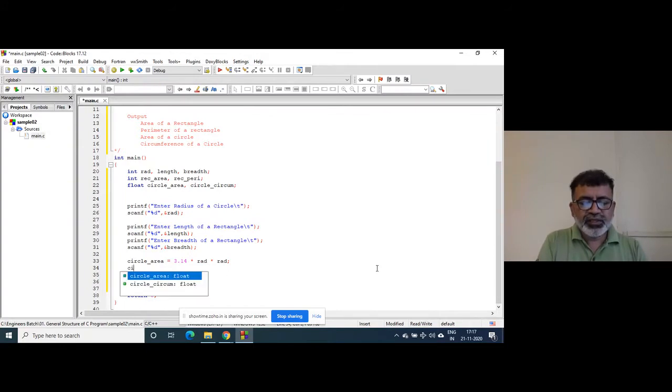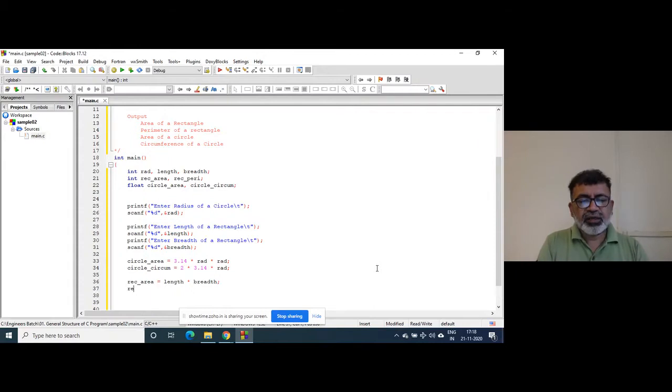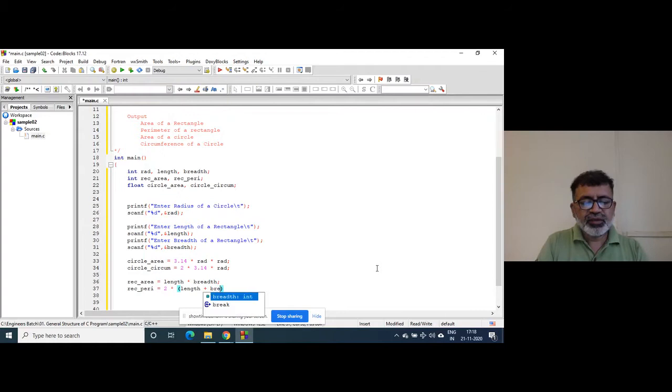And circum is equal to 2 into 3.14 into radius, right? Then I'll write rec area is equal to length into breadth and rec peri is equal to 2 into, there should be a bracket, length plus breadth.